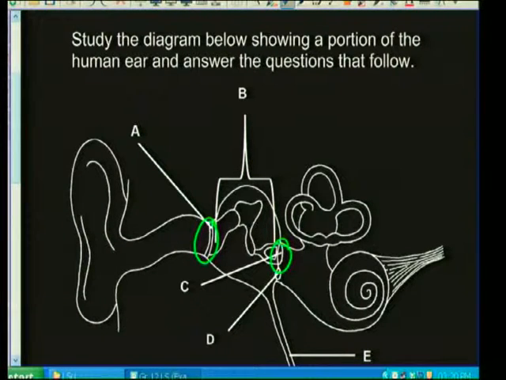Now how do these things together amplify the sound? Look at the size of A, the tympanic membrane, compared to the size of the oval window. You can see already that the tympanic membrane is larger than the oval window.